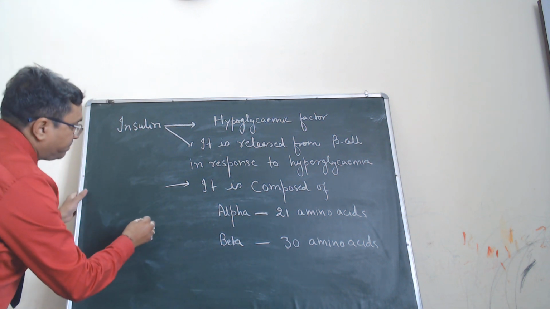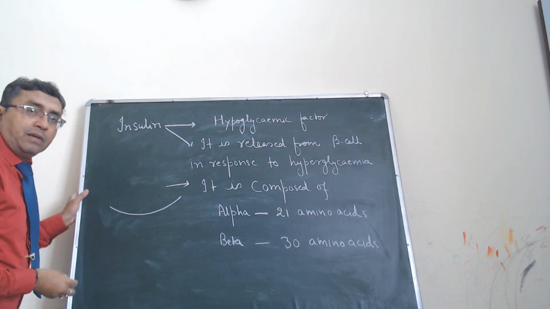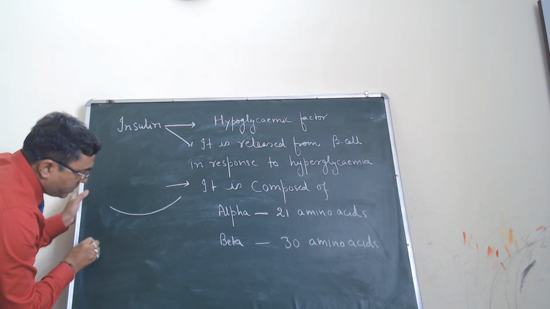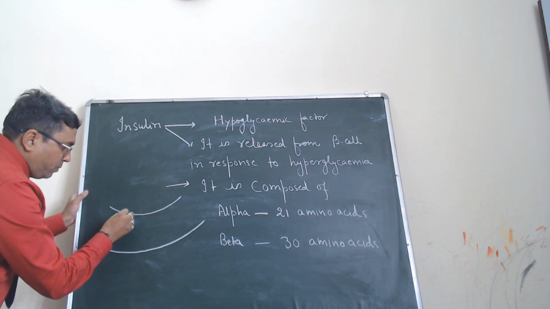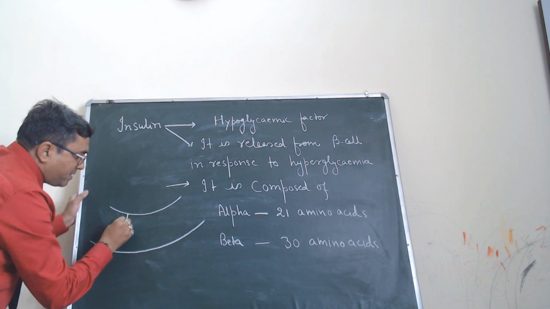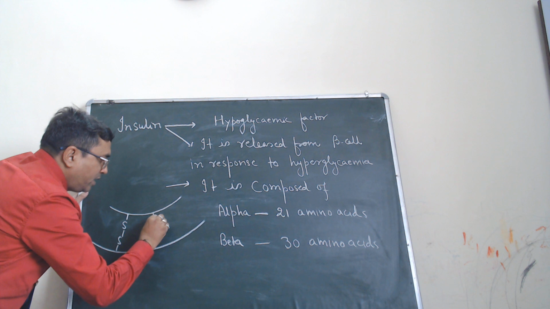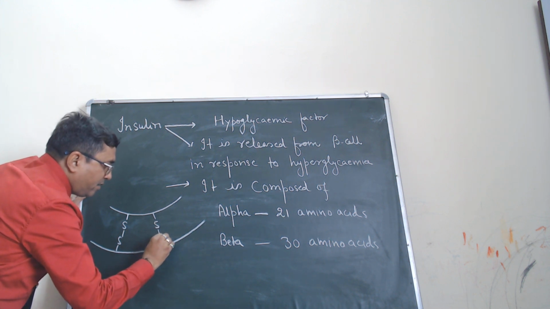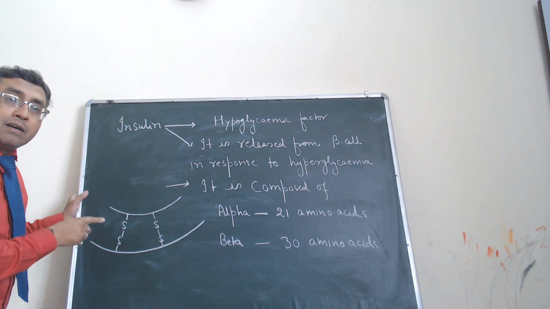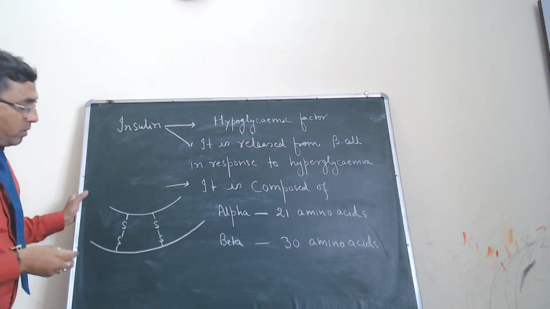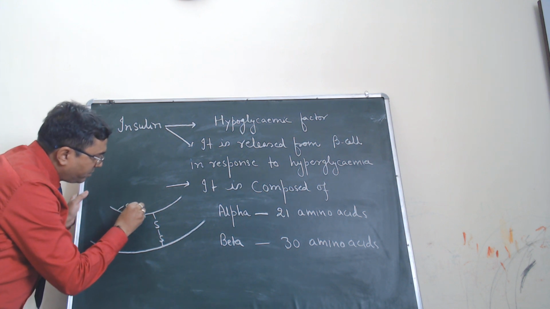Now let us take an example. Let us suppose this one is the A chain. Is it clear, my dear students? This one is the B chain. Now, it is linked by disulfide bond. These two disulfide bonds are interchain disulfide bonds. Now I am talking about intrachain disulfide bond.